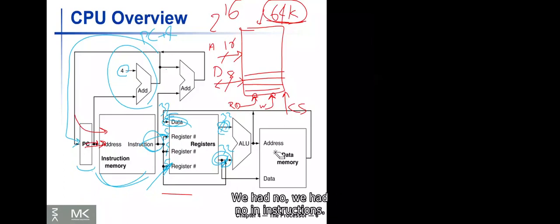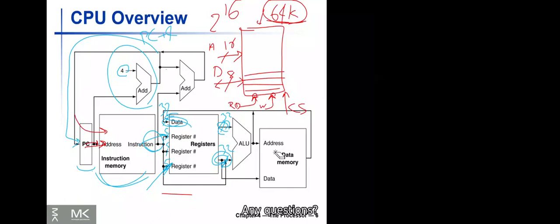We had NOR also, in an instruction. So it does those instructions. As you can see, it has 2 operands and 1 result: two 32-bit values coming to the ALU, and a 32-bit result getting out of the ALU.